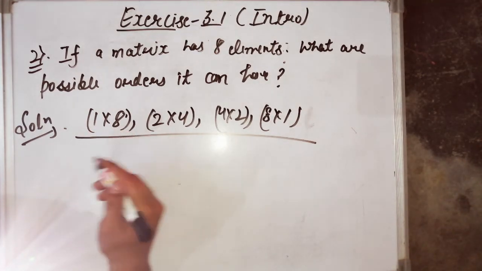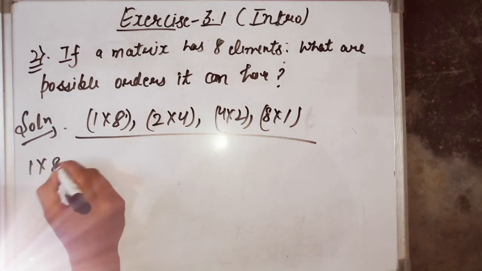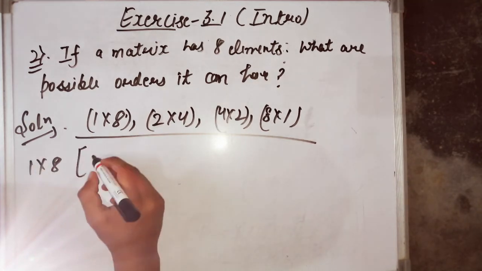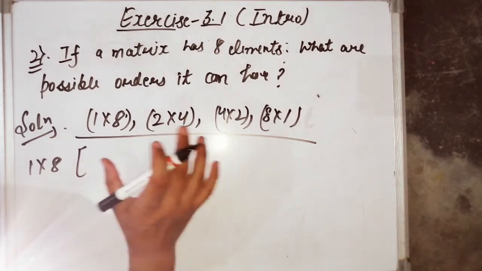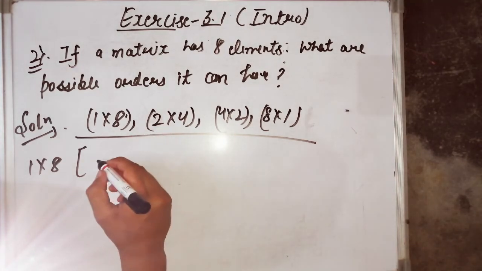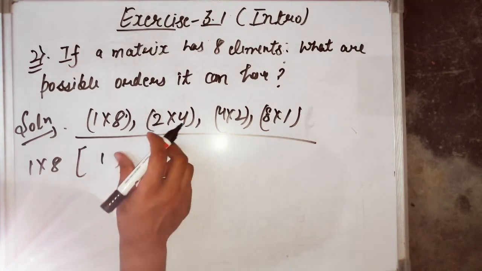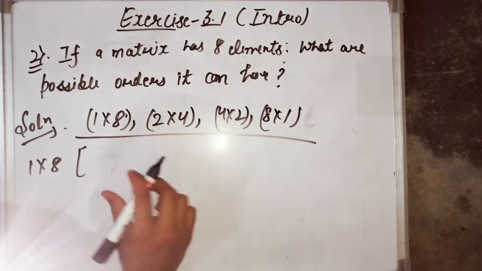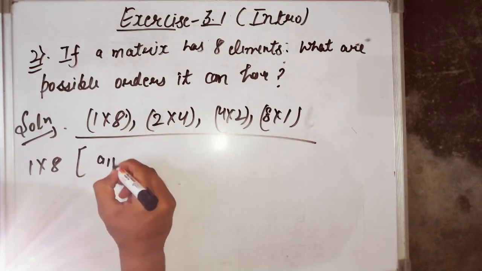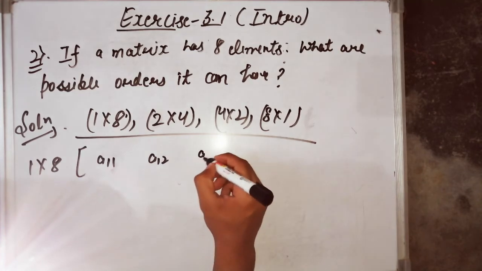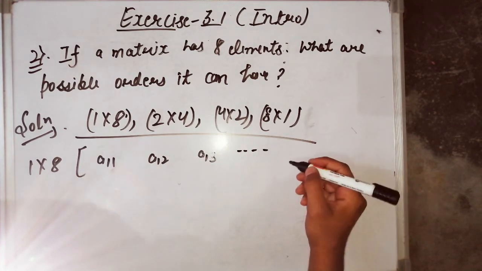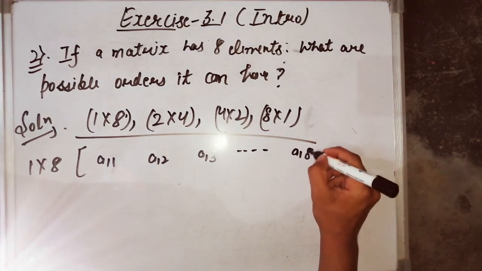What does 1 cross 8 mean? A 1 cross 8 matrix will look like this: I am just making a general representation, a11, a12, a13, and at last it will end at a18.